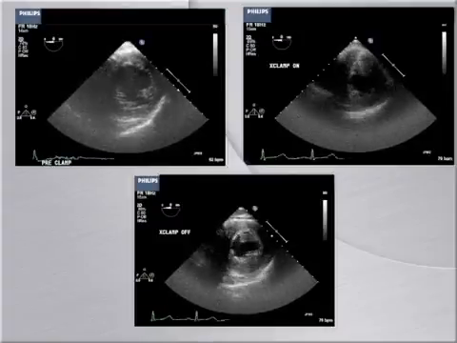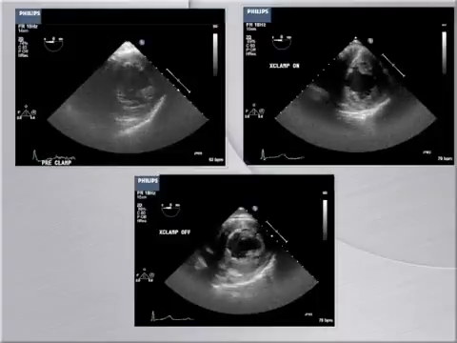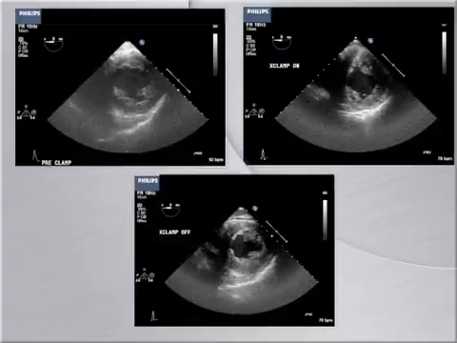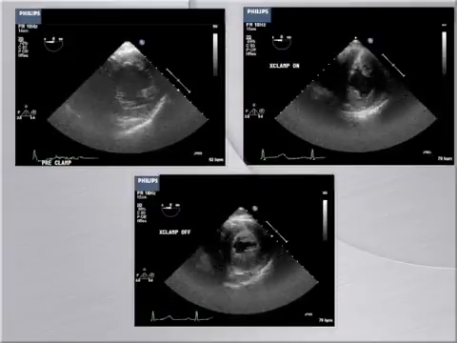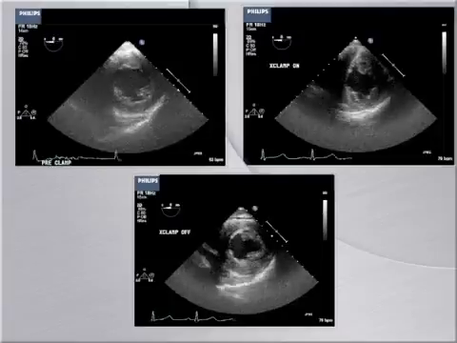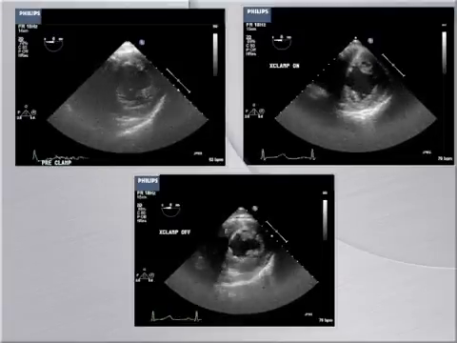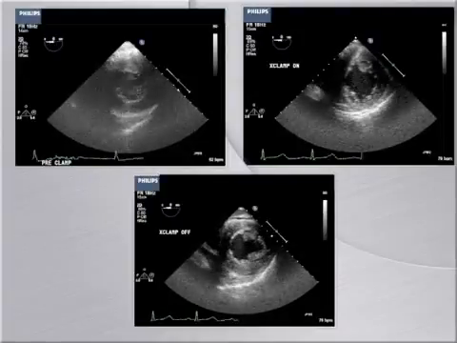On the top right, a cross clamp is applied and the heart becomes hypocontractile with an ejection fraction of roughly 40%. Note the increased LV end diastolic diameter, suggesting lower cardiac output against the high afterload. The bottom image shows the return to normal function after the cross clamp is removed.